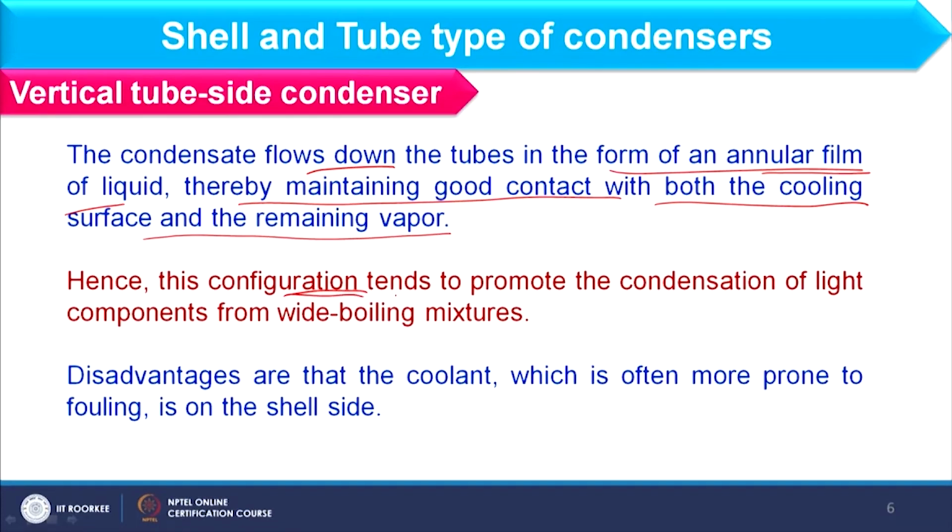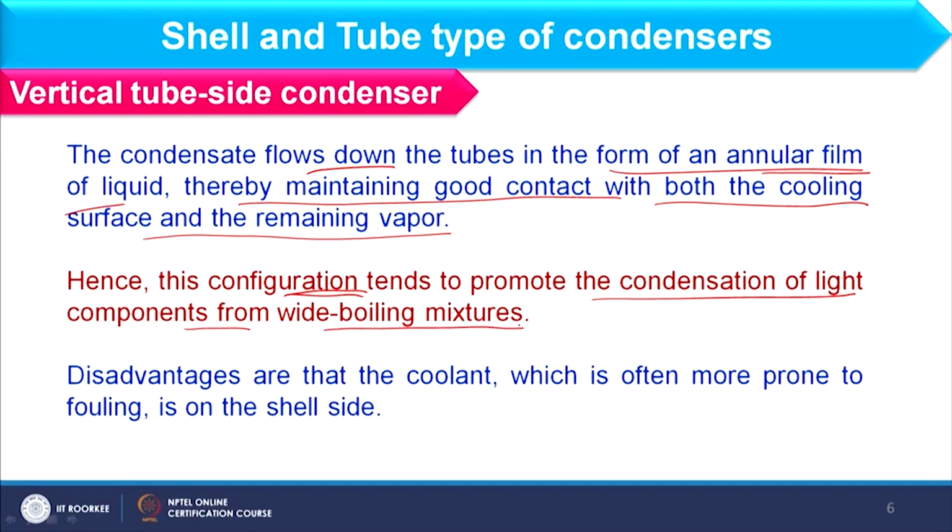So, when it appears at the surface, it is in better contact with the coolant which is available in shell side and with the vapor which is available in the annular space in the tube itself. So, this configuration tends to promote the condensation of light component from wide boiling mixture.